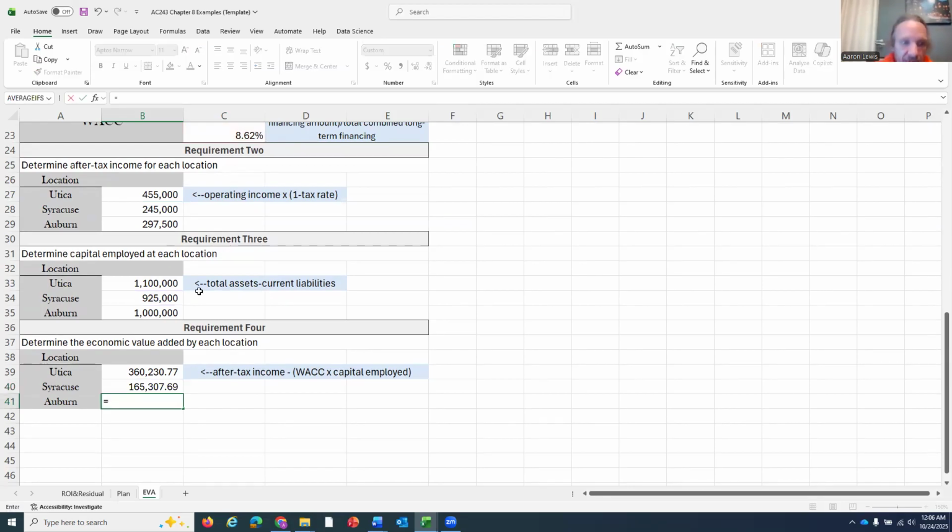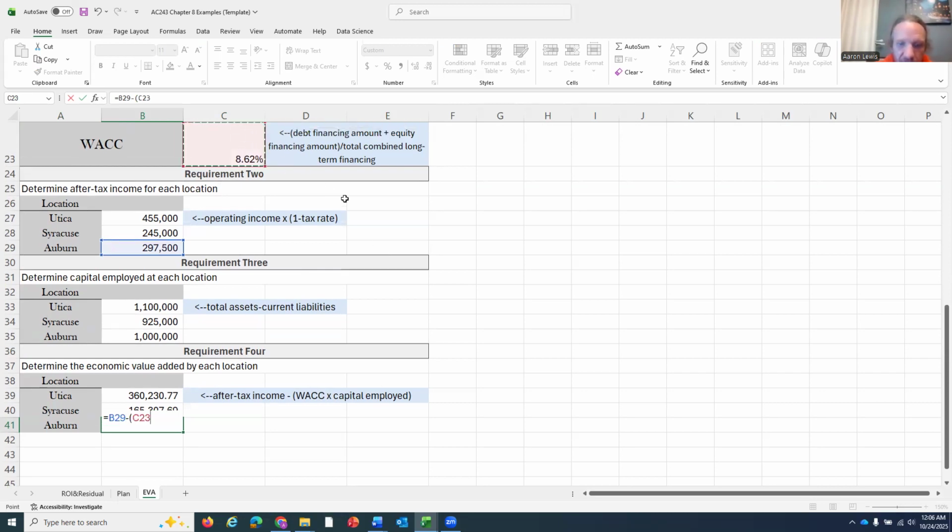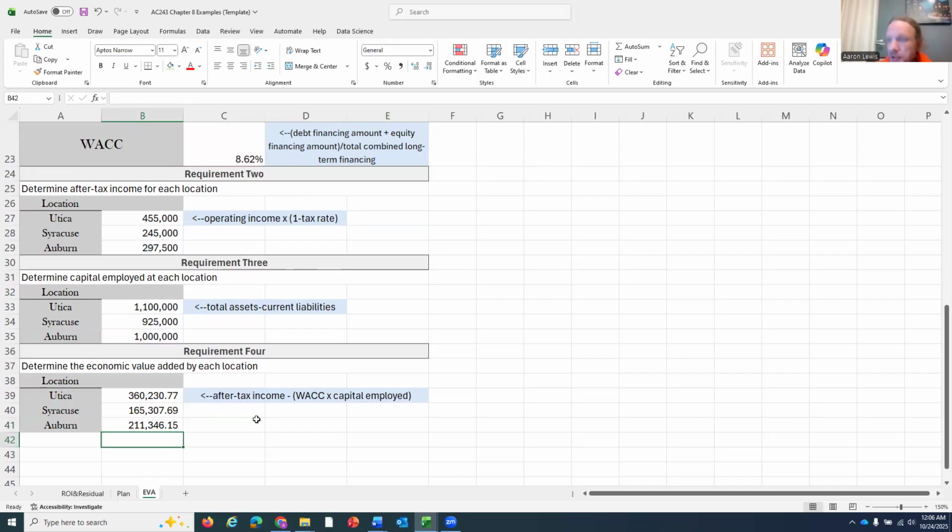And then for Auburn, one last time, their after-tax income at that location was 297,500 minus the product of our weighted average cost of capital times the amount of capital employed at that location. And that comes up to $211,346.15. So what does this all mean?